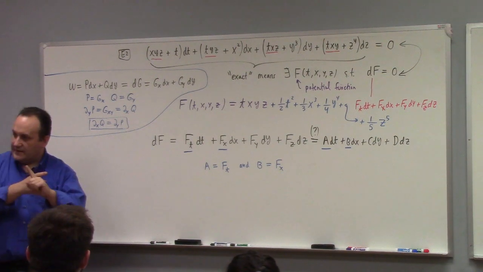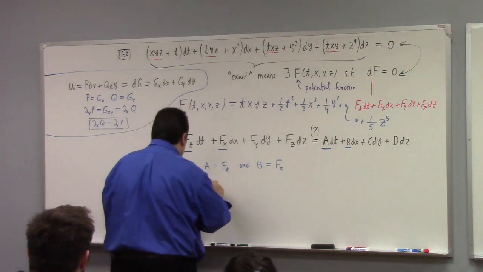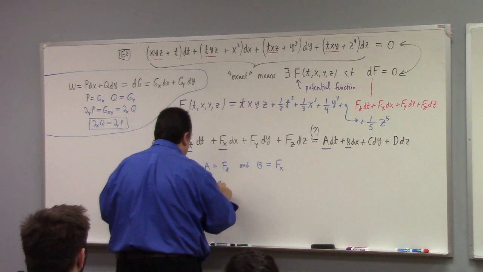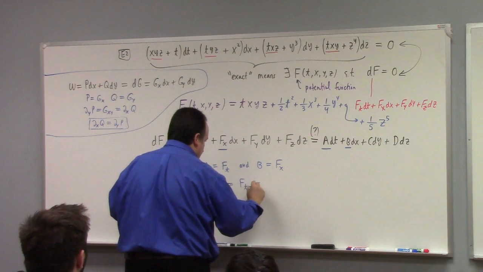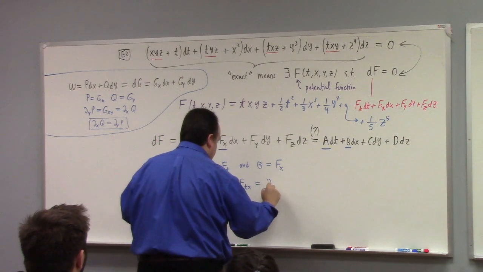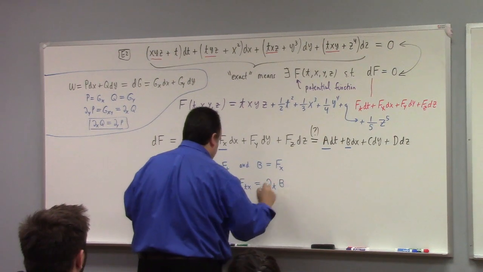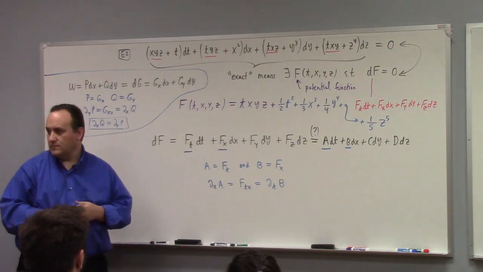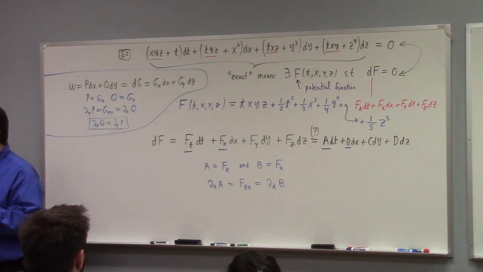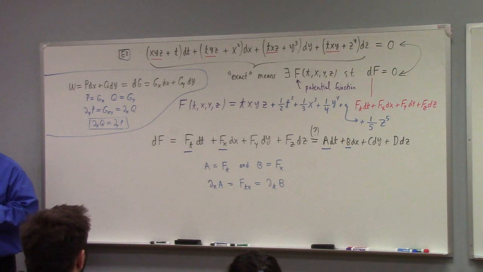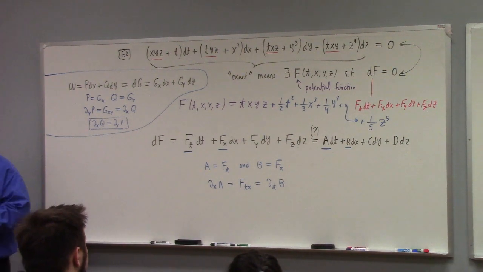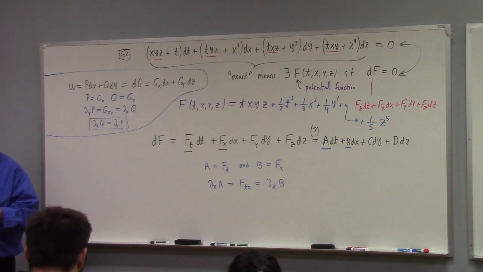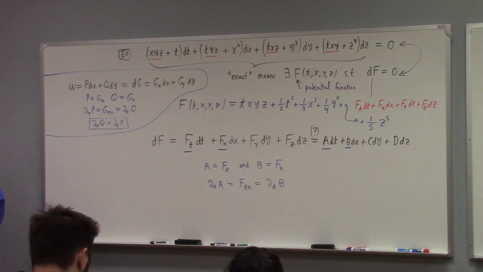What's the equation relating them? I have to have that partial x of A, which is going to be f tx, is equal to partial t of B. Does that make sense? Because the partial derivatives have to commute. If they're both coming from the same function differentiated, then we're forced to deal with these issues.